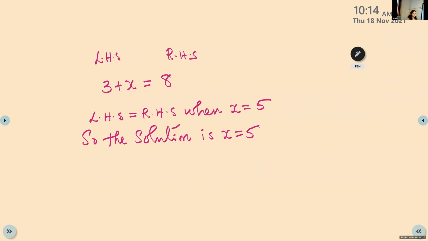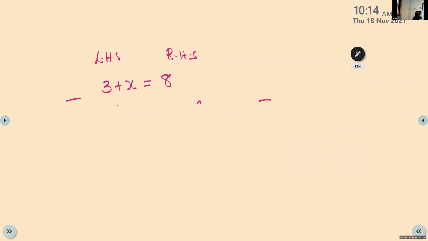For which value LHS becomes RHS, we can take that value as the solution of the equation. Okay, so this is called the solution.